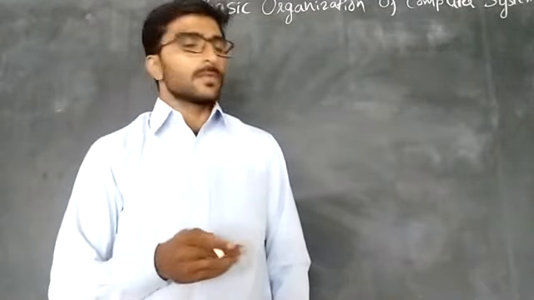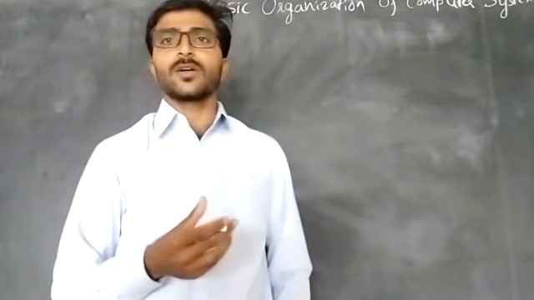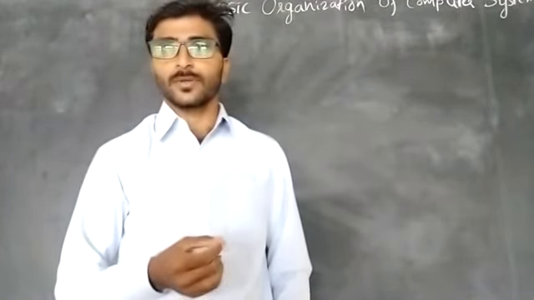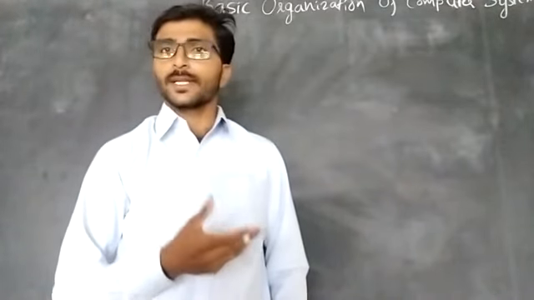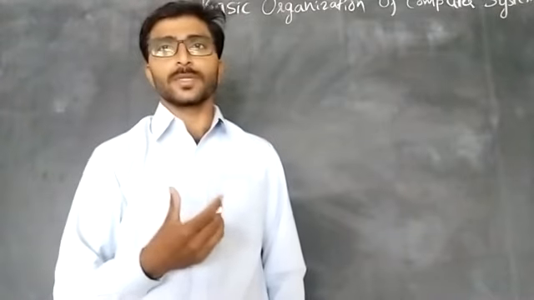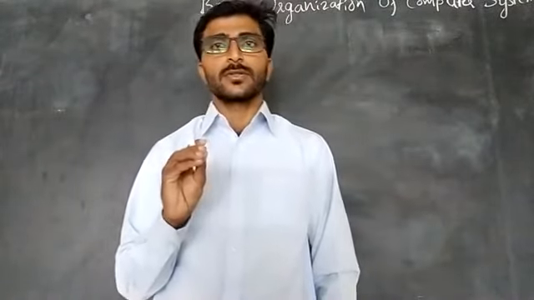See now, in this class we are going to discuss a basic organization of computer system. In the previous class we discussed the various functions of computer system. There are mainly 5 functions of computers.